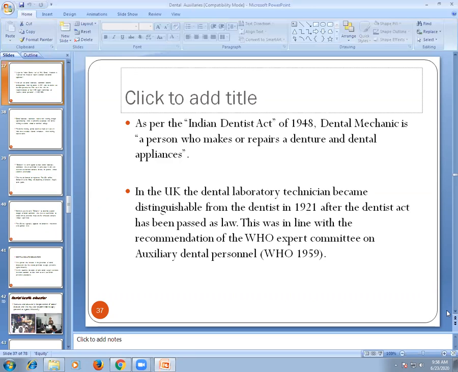In the UK, the dental laboratory technician became distinguishable from the dentist in 1921 after the Dentists Act was passed as a law. This was in line with the recommendation of the WHO Expert Committee on Auxiliary Dental Personnel.